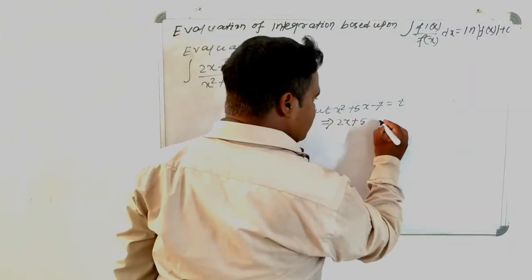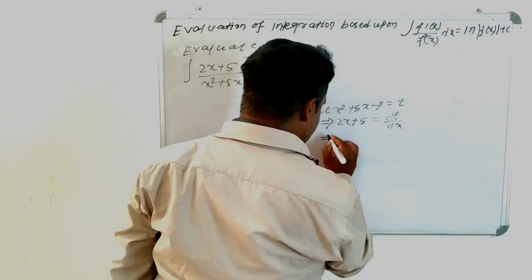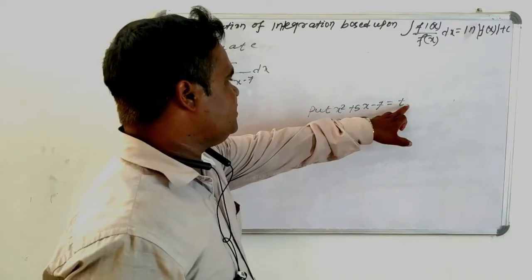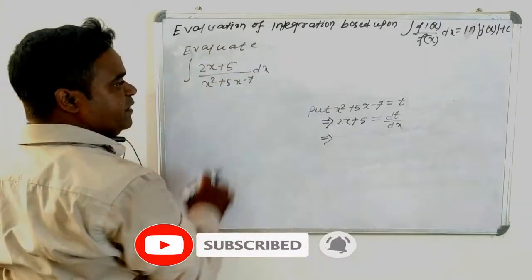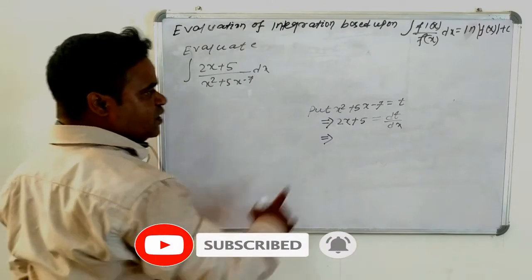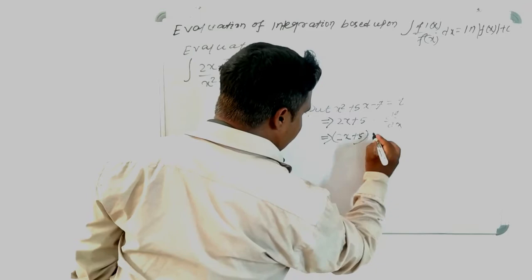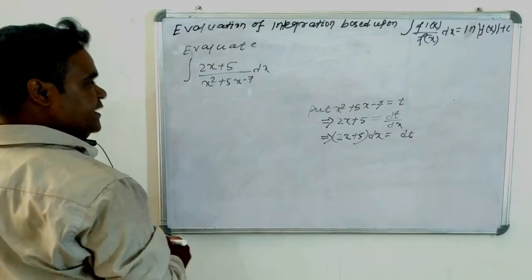So this value equals dt by dx, which implies that x² + 5x − 7 is in the t form. So in this format it is converted to t. So (2x + 5) dx equals dt.